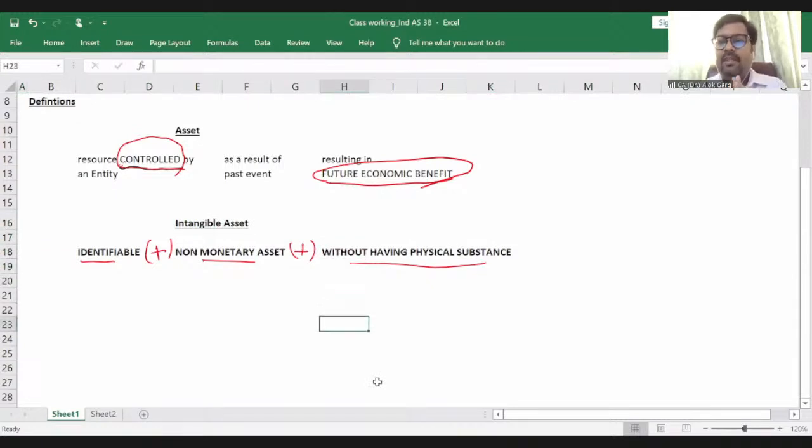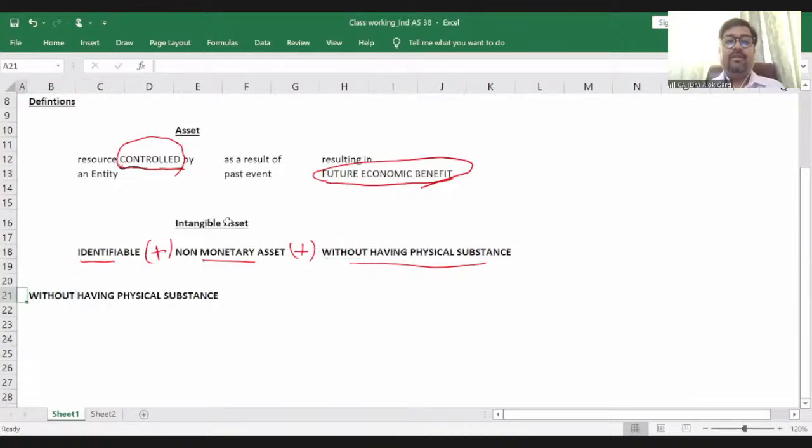So friends, without having physical substance means the asset does not have a physical substance like machinery, building, furniture and fixtures, office equipment, computer, laptop. So without having physical substance is pretty simple. I am going by the reverse order.